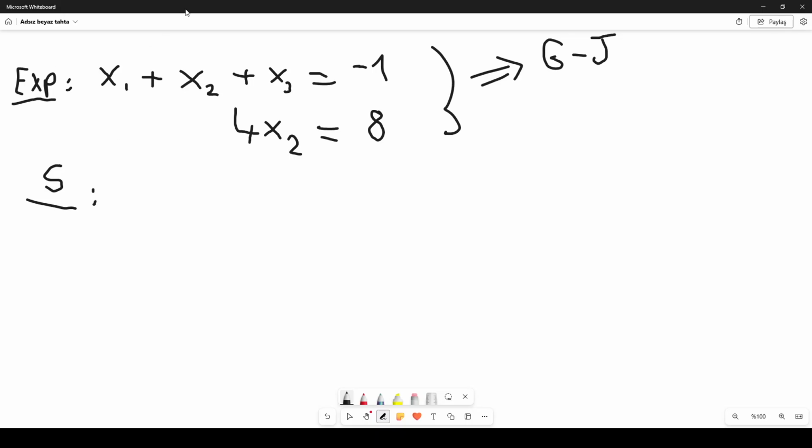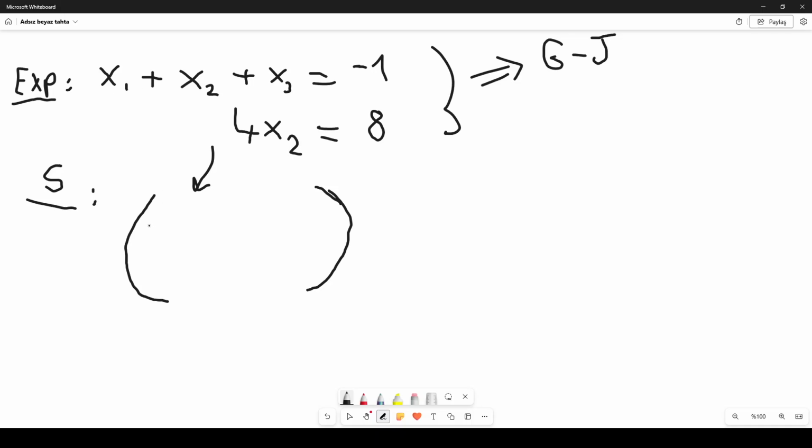Okay, let's start. What is the first step we should take? Well, we first need to represent this given system in the matrix form known as the augmented matrix form. How would we do it?